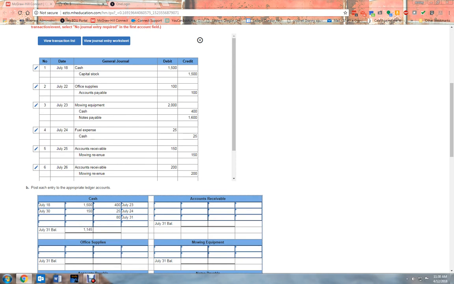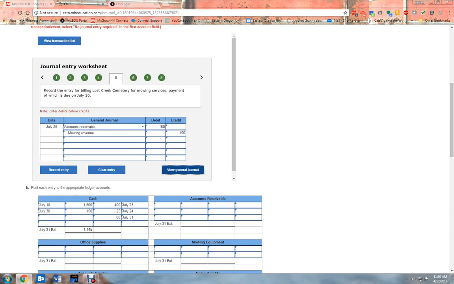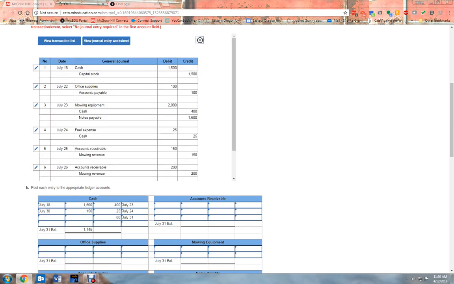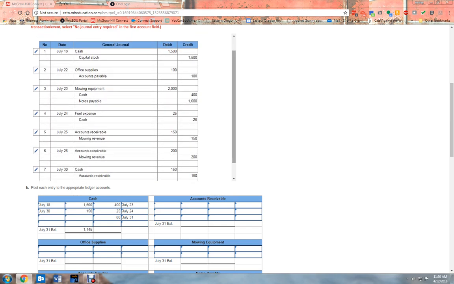Okay, so accounts receivable. July 25th, sorry, told you that I don't do this very often, so I'm going to try to quit doing that. July 25th, I had a debit entry in accounts receivable. So I'll pull that down, and it was $150.